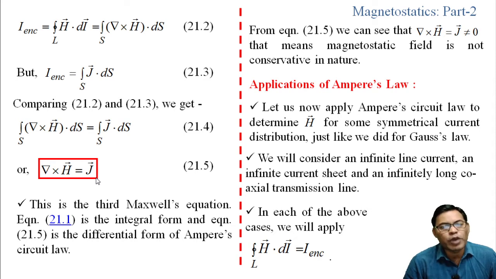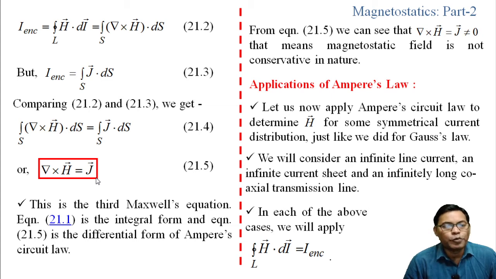Before applying Ampere's law, we need to know that it can be used to calculate the magnetic field intensity H provided the current distribution is symmetric. The current distribution is considered symmetric, just like we did for Gauss law.